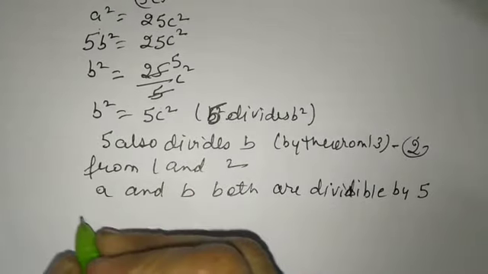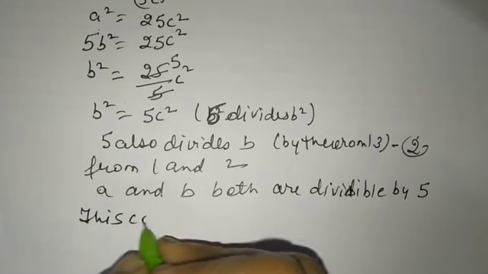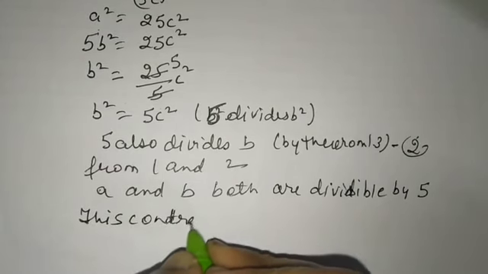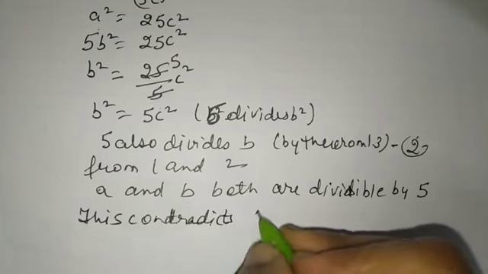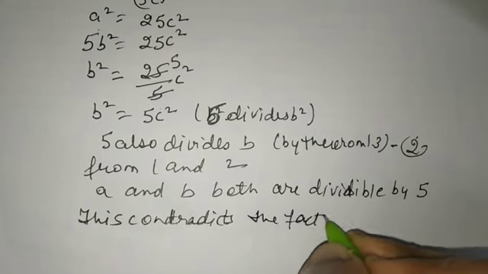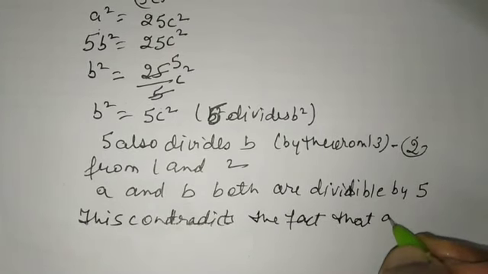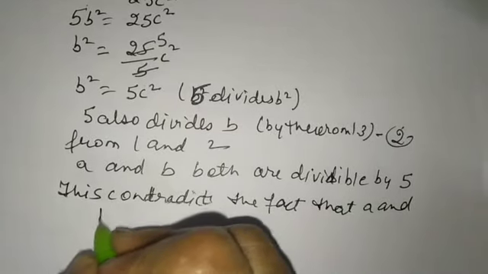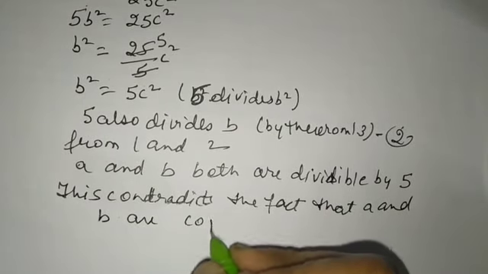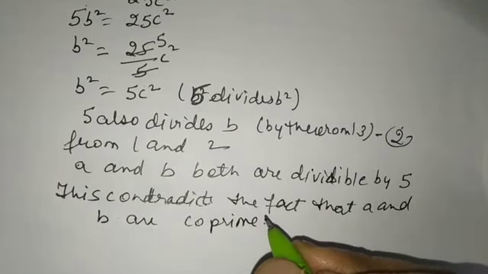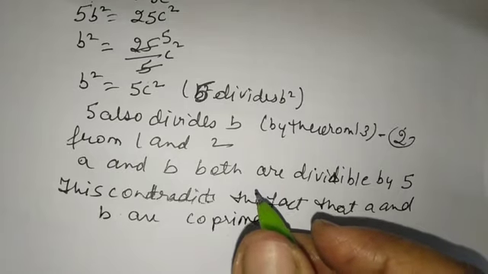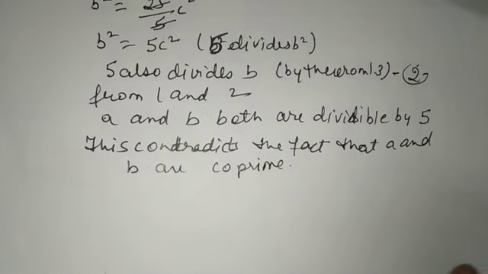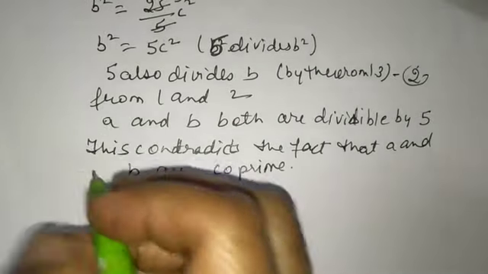So this contradicts the fact that a and b are co-prime. Now this contradiction has arisen because of our wrong assumption that root 5 is a rational number.